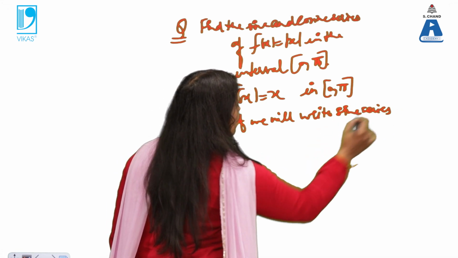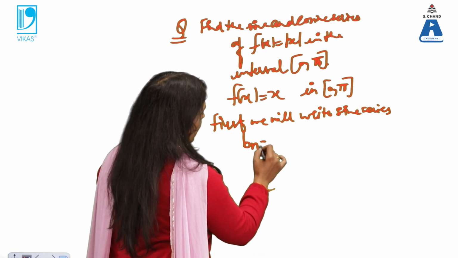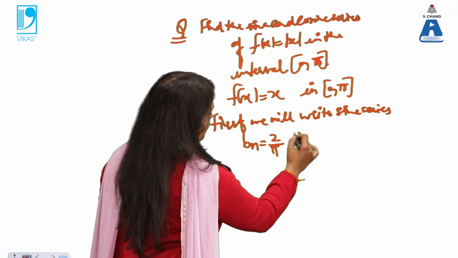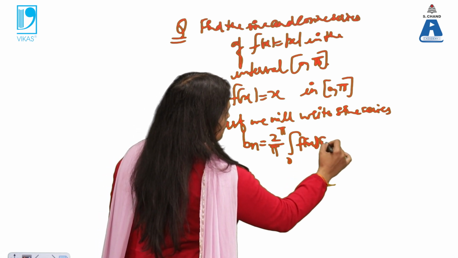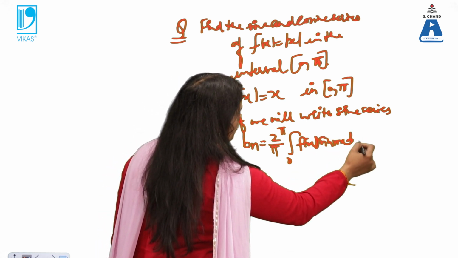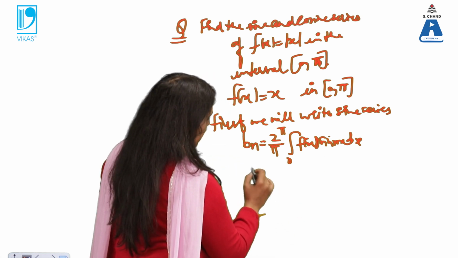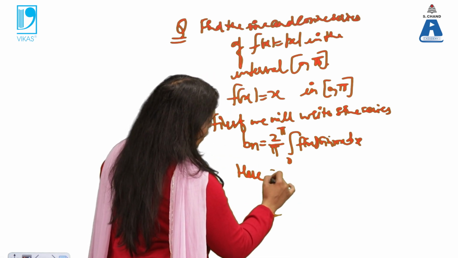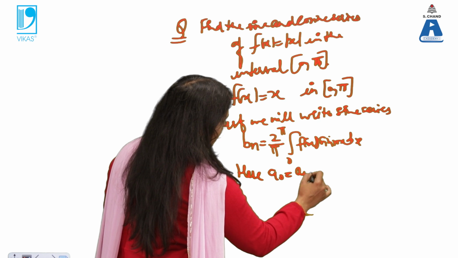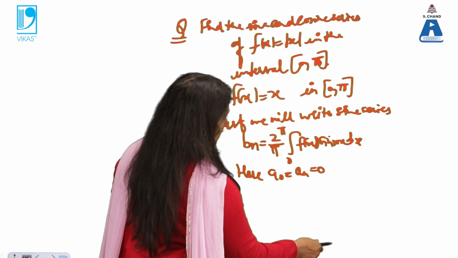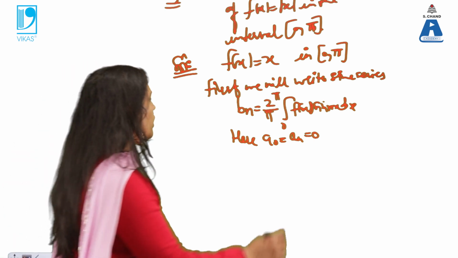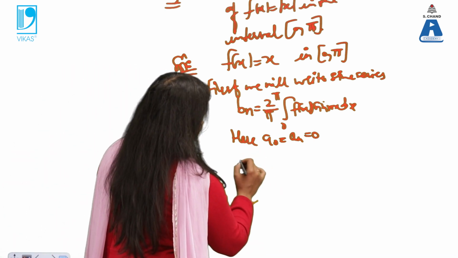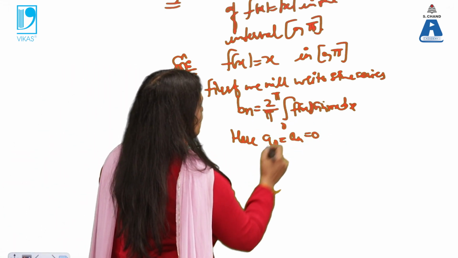For sine series, what do we have to calculate? Bn only, and Bn is 2 by pi integral 0 to pi f(x) sin nx dx. This is the formula. Here a0 and an will be 0, because for a series of sine the function will be odd. So f(x) is x.